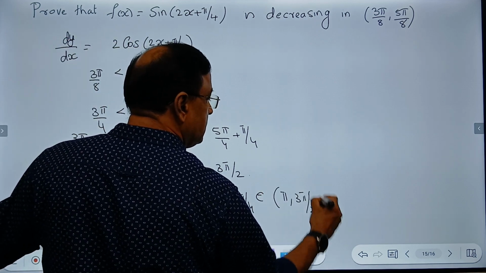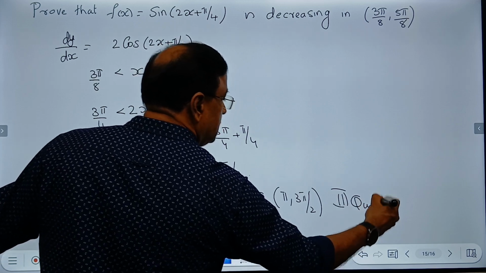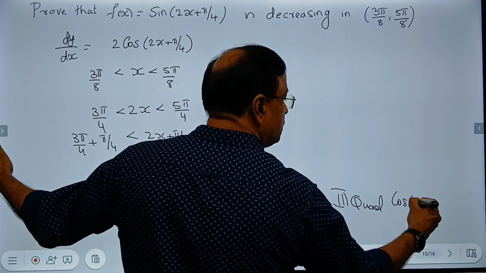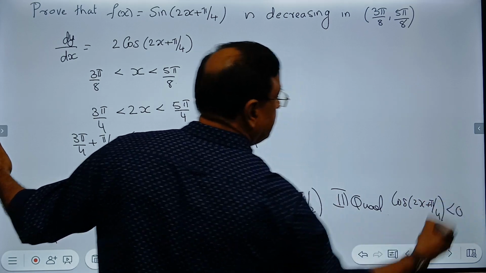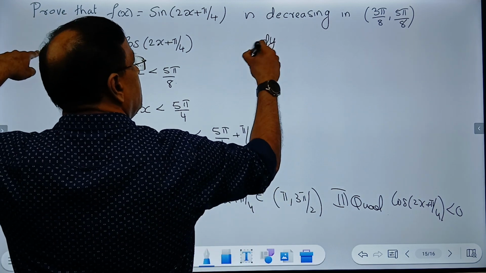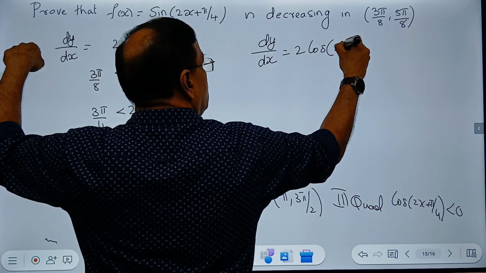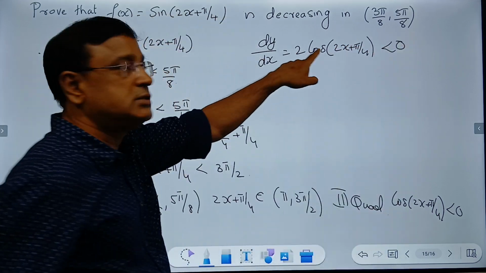What is pi comma 3 pi by 2? Third quadrant. In the third quadrant, what do you say about cos? Cos of 2x plus pi by 4 will definitely be negative. If it is negative, so what do you say about dy by dx? My dy by dx, which is 2 cos of 2x plus pi by 4, will definitely be negative because cos is negative.